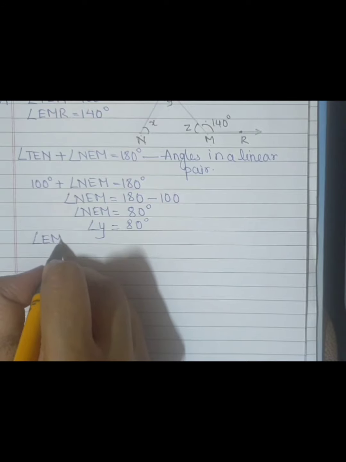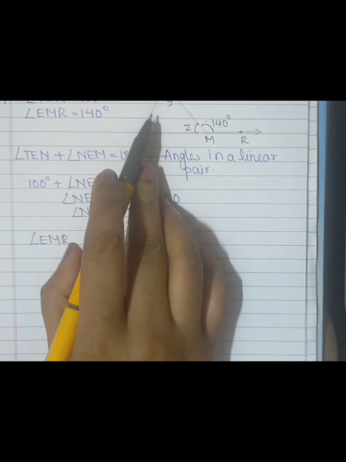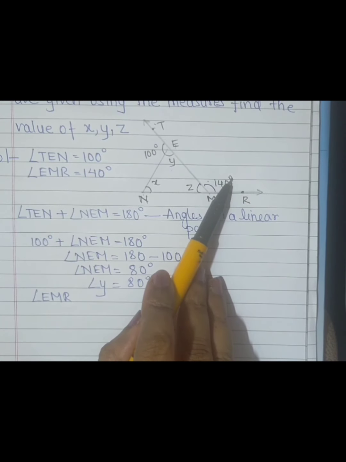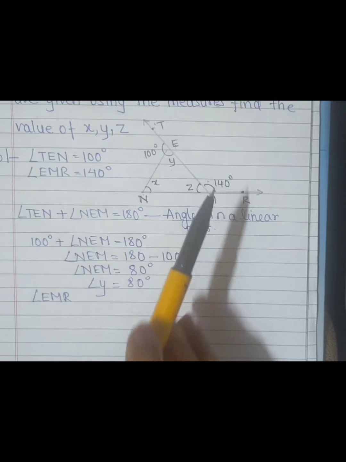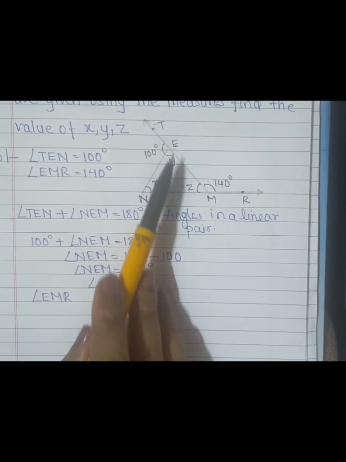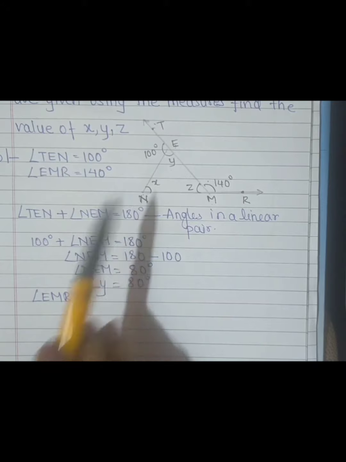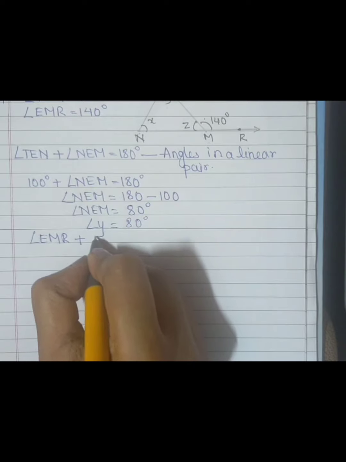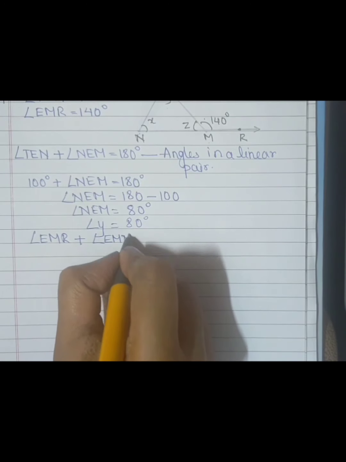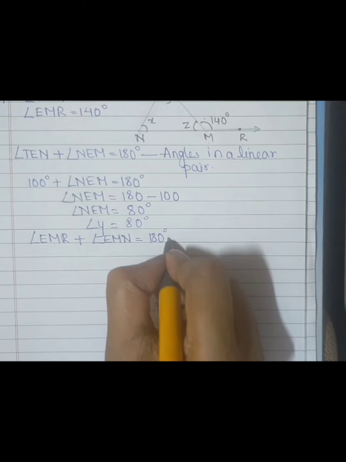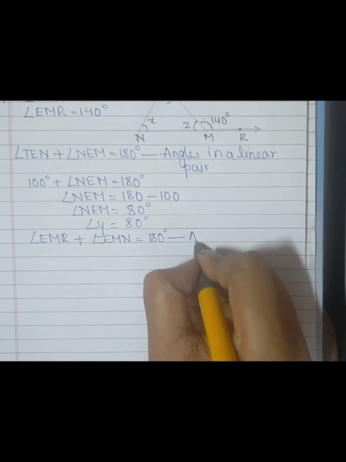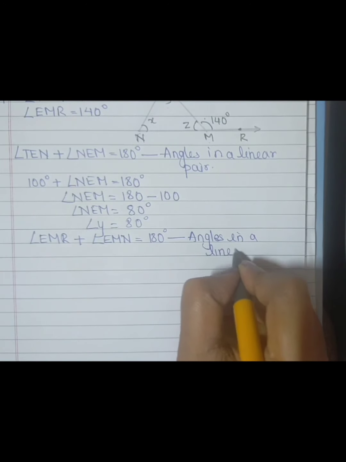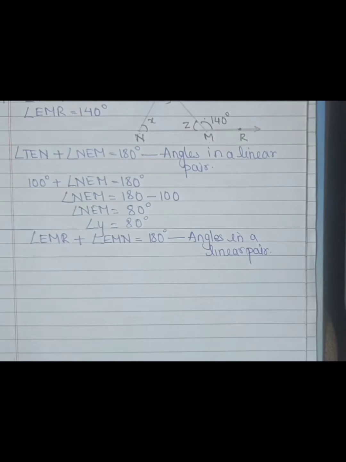Next step is angle EMR, which is given 140 degree, plus angle EMN equal to 180 degree. The same reason applies: angles in a linear pair.